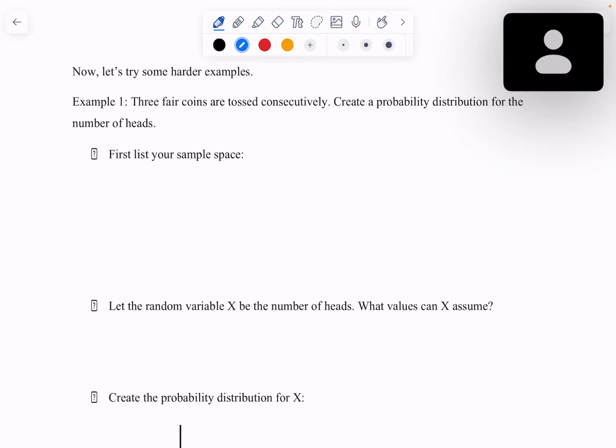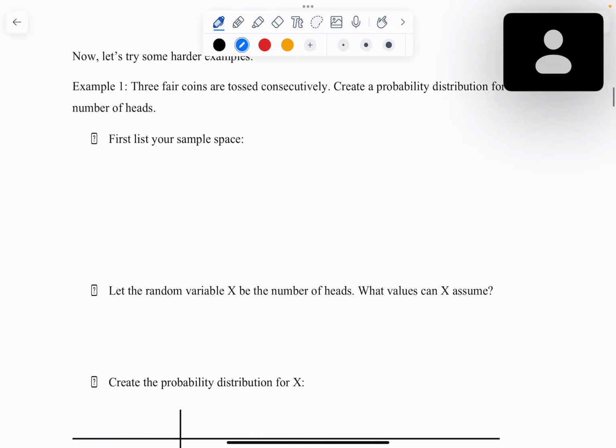So first I want to look at what's the sample space. The sample space S, I'm just going to list it out, consists of the following outcomes. The first one is head, head, head. Then we have head, head, tail. Then head, tail, head. Head, tail, tail.